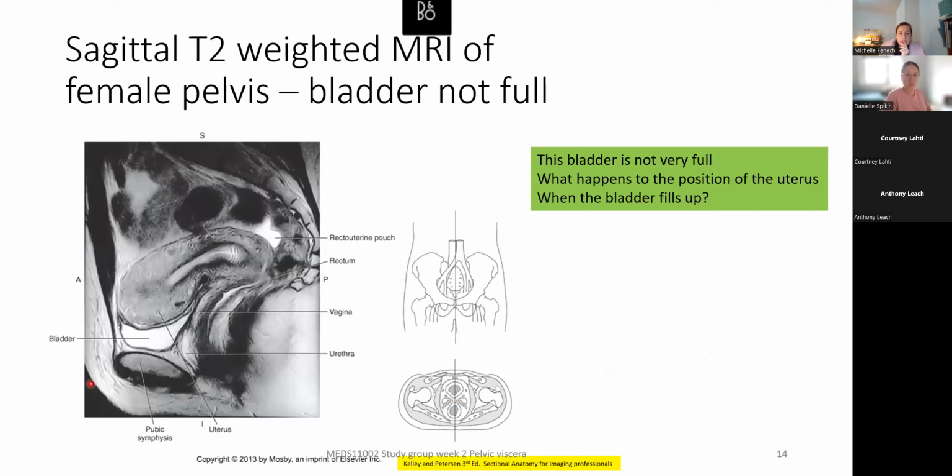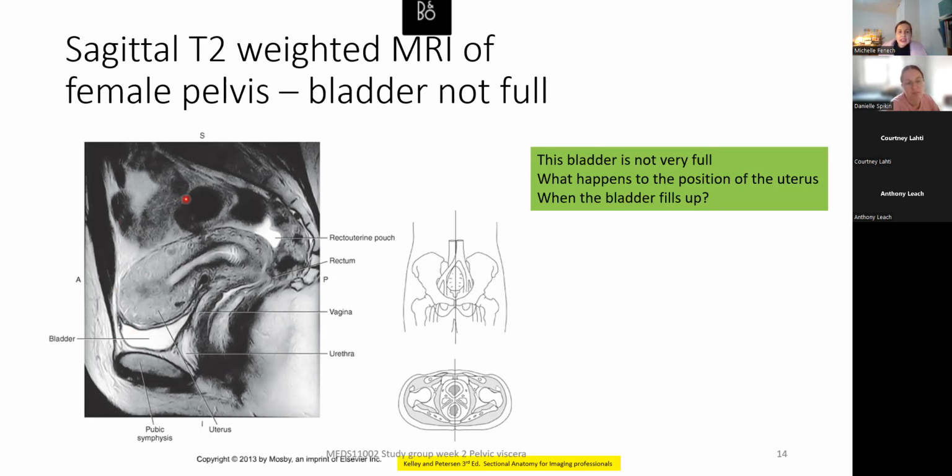So this is a picture of the uterus. It's anteverted because the fundus is pointing anteriorly and the fundus is sitting over the top of the urinary bladder because the bladder is not very full. This would not be a uterus that would be easy to see on a transabdominal, meaning we're sending sound through the anterior abdominal wall on a transabdominal ultrasound.